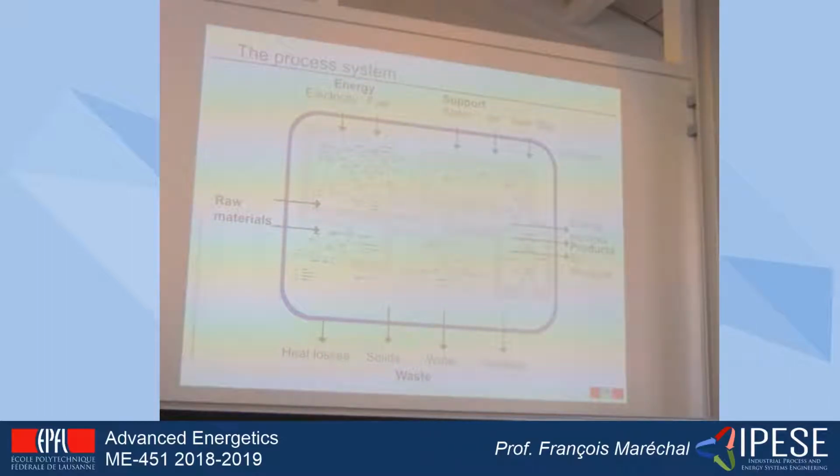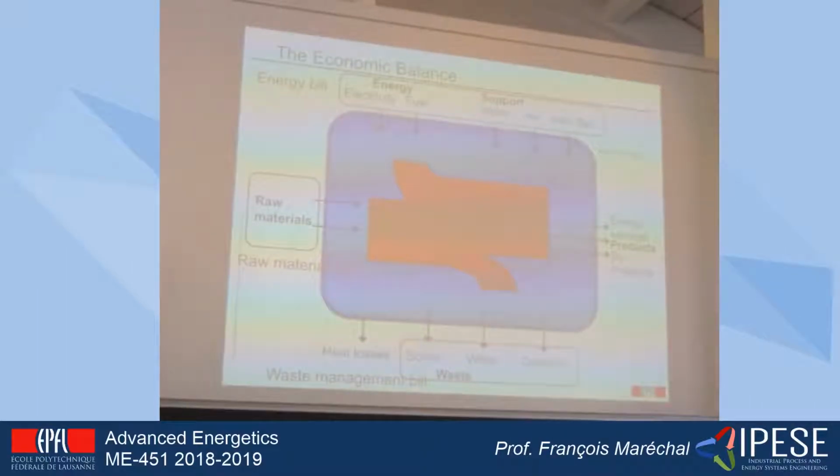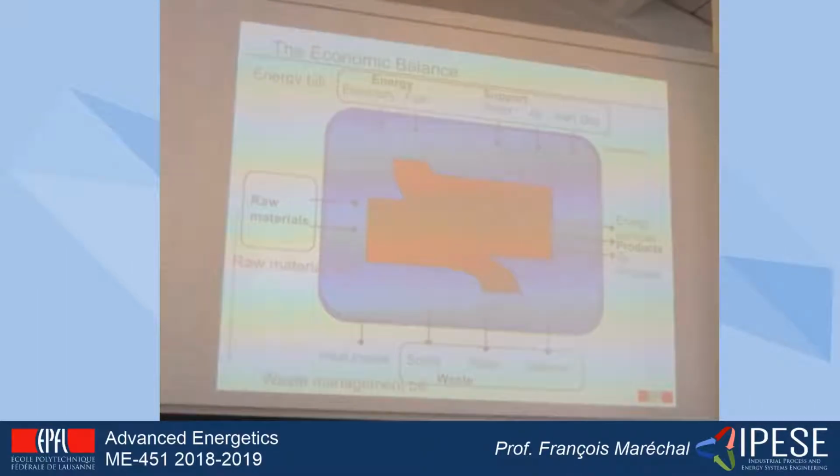The emissions can be in the solid, liquid, or gas phase form, and in addition can be in the form of heat losses that will be released. Which means that at the end we can always plot an economic balance by giving a value to all the flows that I have: the raw material bill, the energy bill, and the waste management bill.